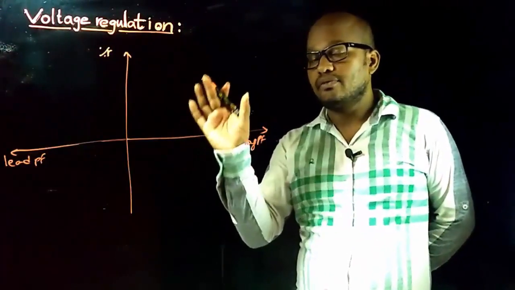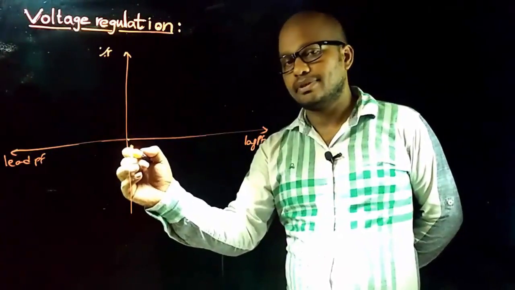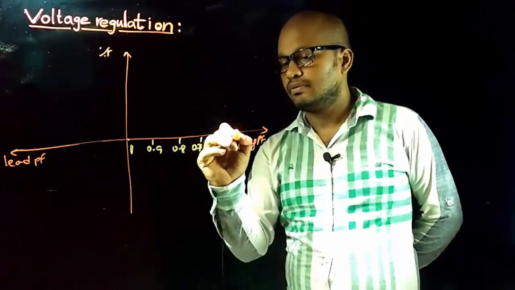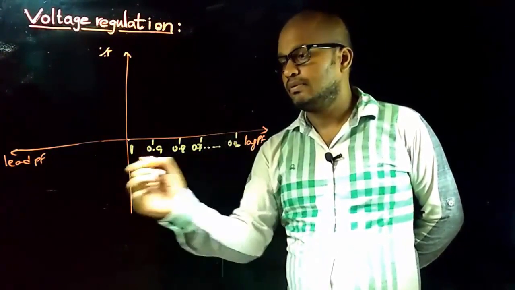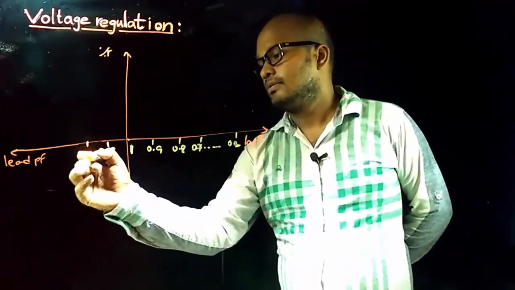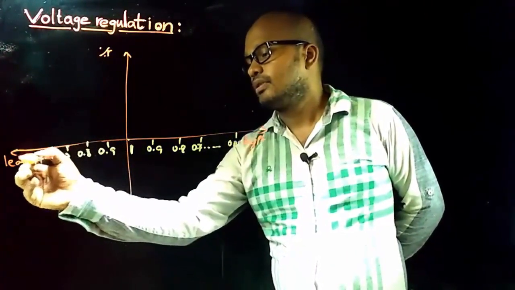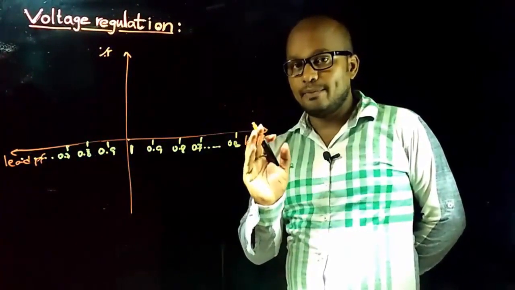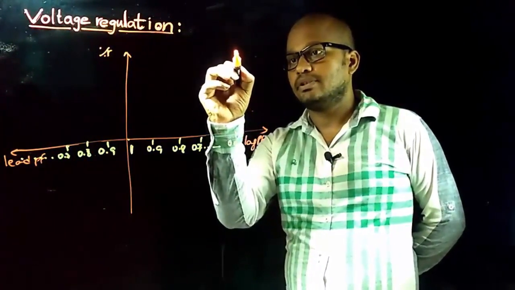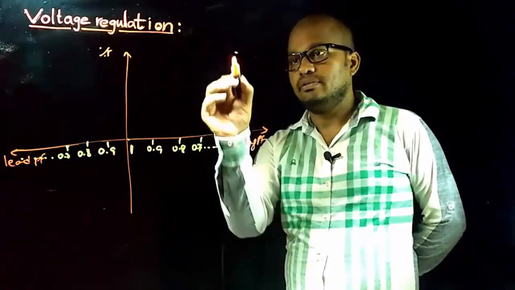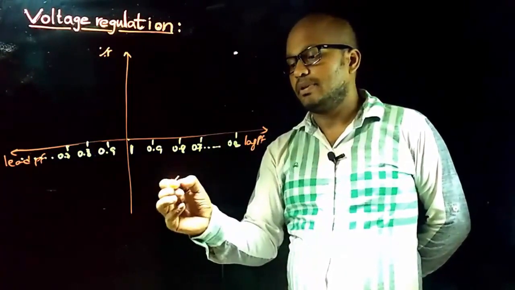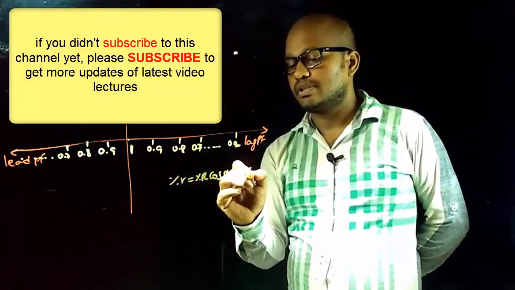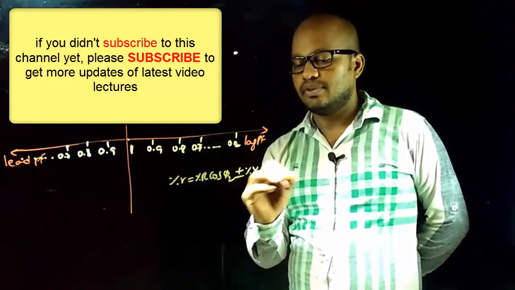Therefore, the percentage regulation graph of the transformer will be like this. If the origin represents the unity power factor and the scaling is like this, and similarly 0.9, 0.8, 0.7 and so on. It is discussed that maximum voltage regulation occurs at low lagging power factors. Let us suppose this is the low lagging power factor, and we have percentage regulation equal to percentage R cos phi 2 plus or minus percentage X sin phi 2.